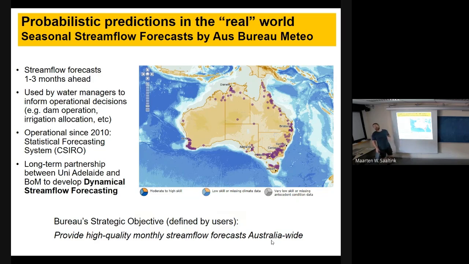The work that we do with them is at the seasonal timescale, looking at 1 to 3 months ahead, sometimes about a week ahead also. We've been collaborating with them for about 10 years or so, and they have this very modest goal to provide high-quality monthly streamflow forecasts Australia-wide.